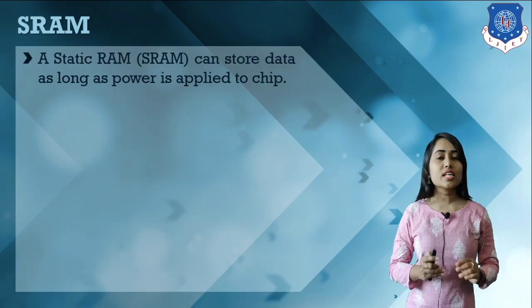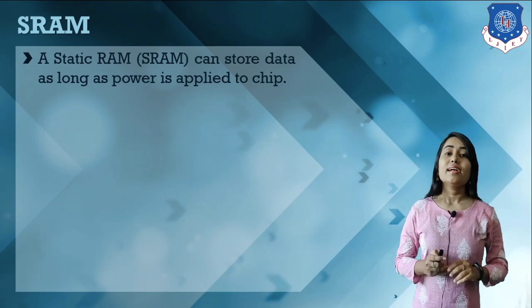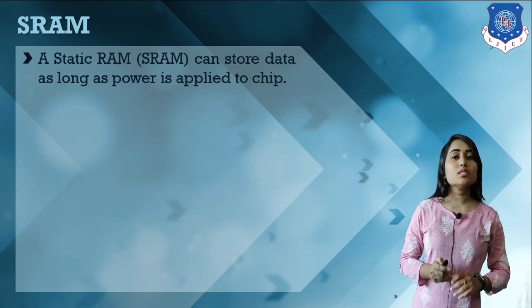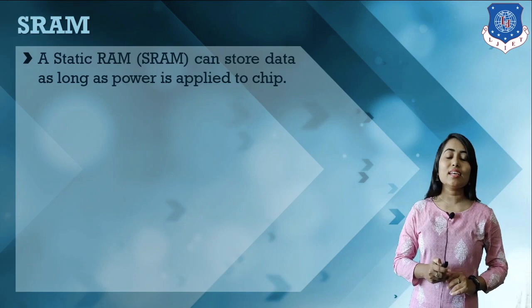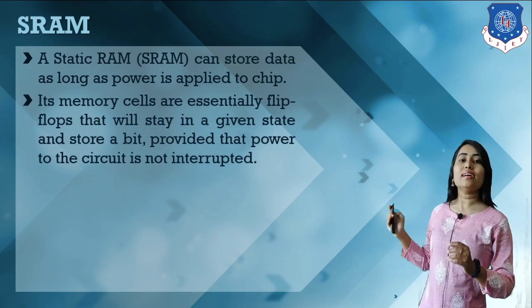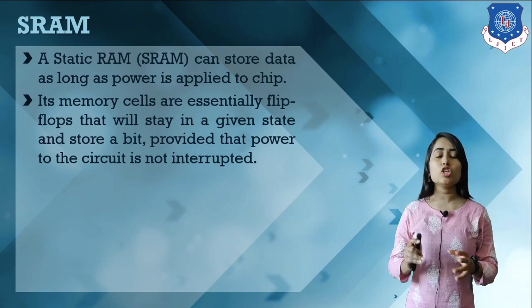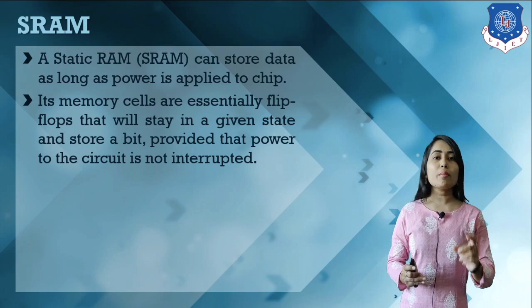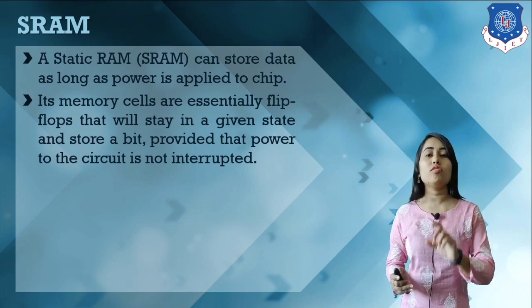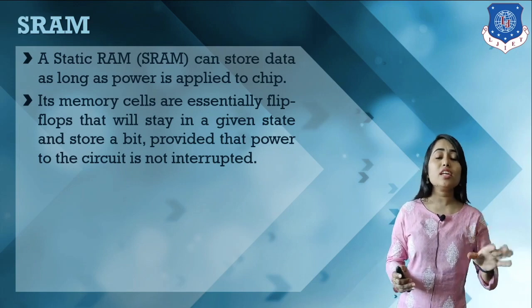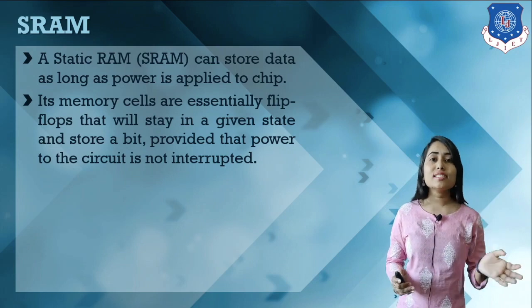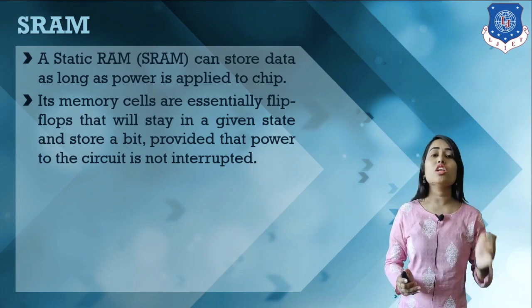Here we have SRAM, that is static RAM. In a static RAM, data can be stored as long as power is applied. In an SRAM, each memory cell is basically designed using flip-flops, such that it stores the information in the form of bits.